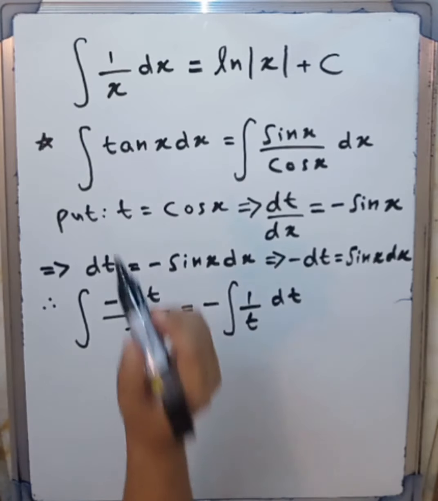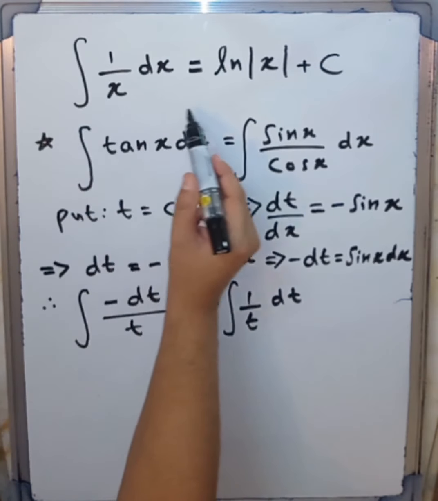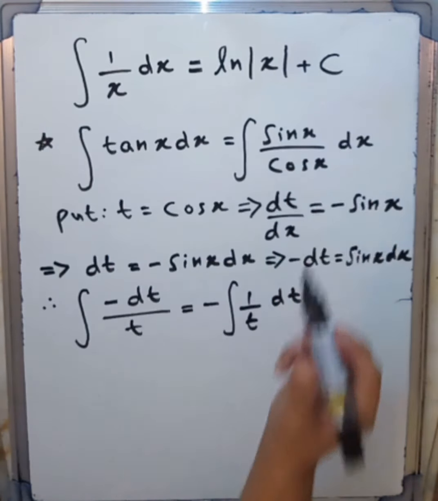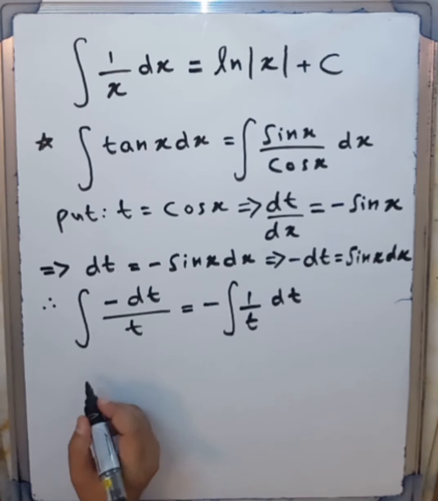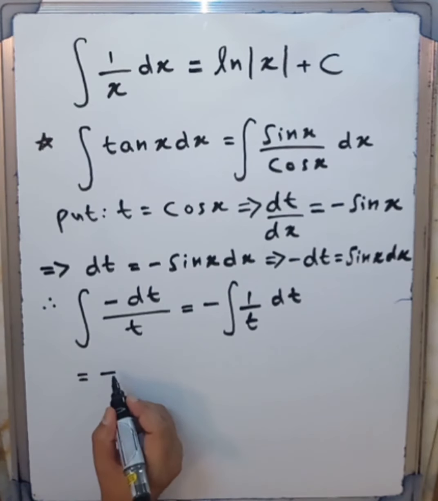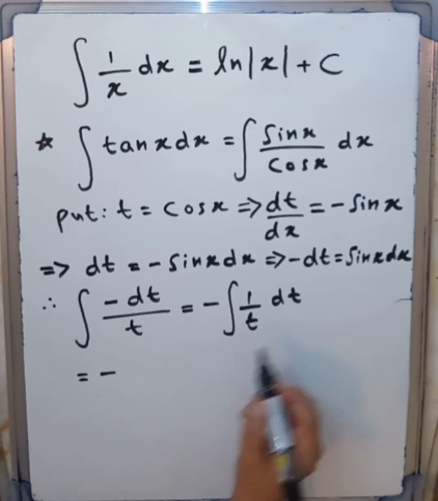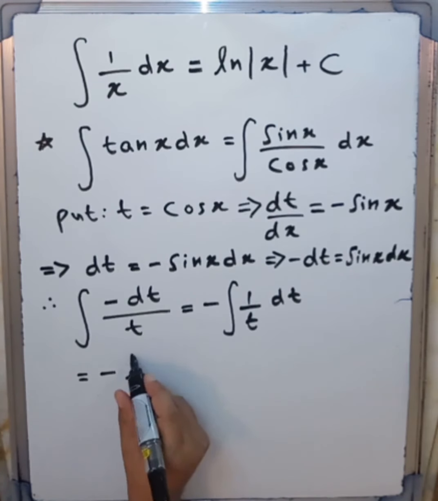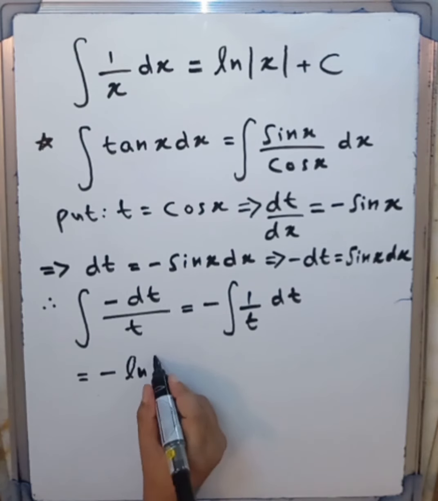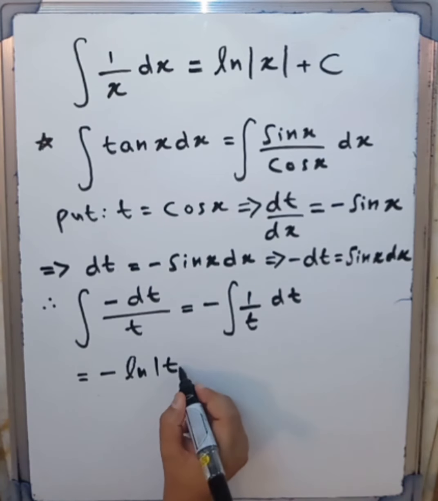Using the formula which we have written just now, this integral will be equal to negative ln absolute value of t.